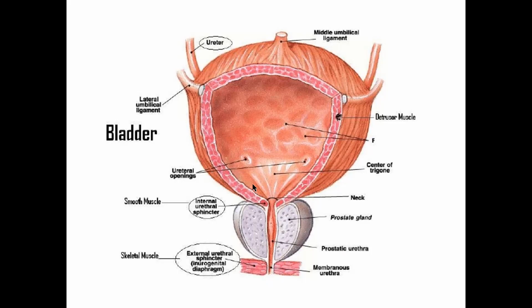Now, the ureters, which come here, notice they come in near the bottom there. So it's got three openings, two for the ureters from the kidneys and one urethra out. As some of us men get older, the prostate can sometimes enlarge.